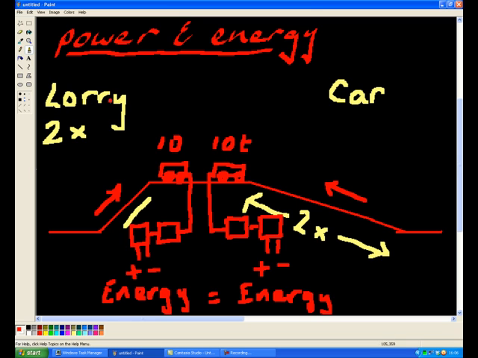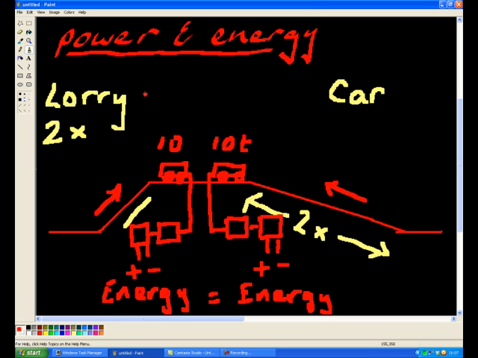But now let's look at the lorry and the car. They both did the same amount of work, but the lorry did it twice as quickly as the car. And it could do it twice as quickly because it could go up this shorter hill, and therefore it got the work done more quickly.